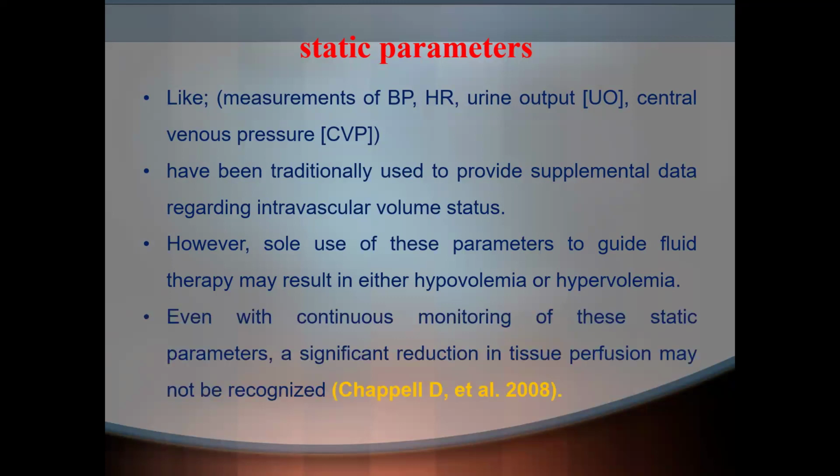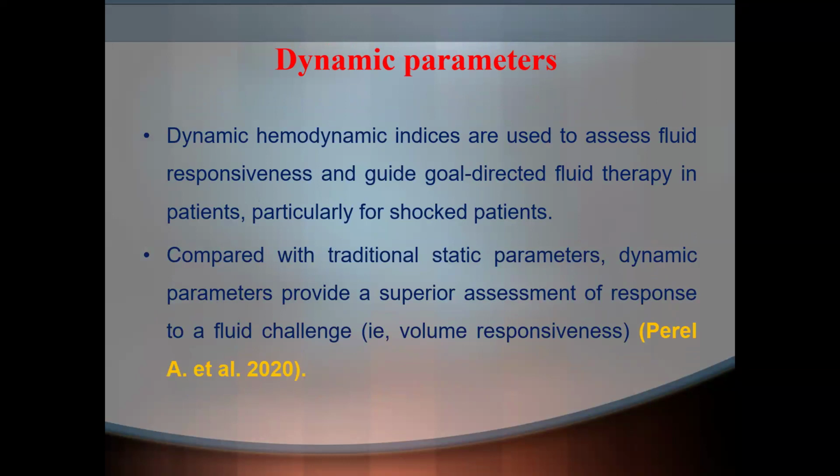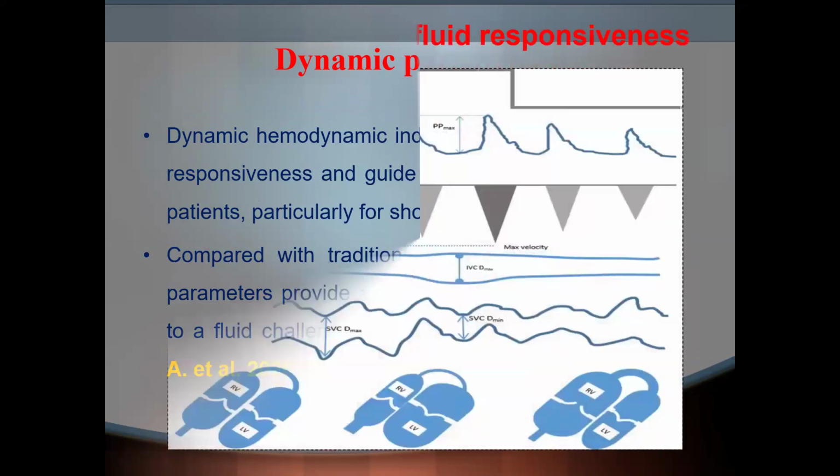Even if you use it many times or monitor continuously, a significant reduction in tissue perfusion may not be recognized. The dynamic parameters are used to assess fluid responsiveness and guide goal-directed fluid therapy, particularly in shocked patients. Compared with the traditional static parameters, dynamic parameters provide a superior assessment of response to fluid challenge.